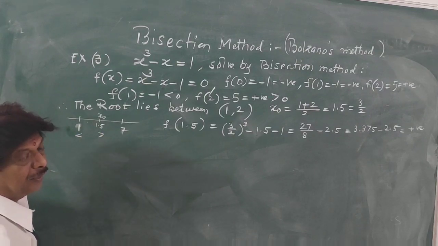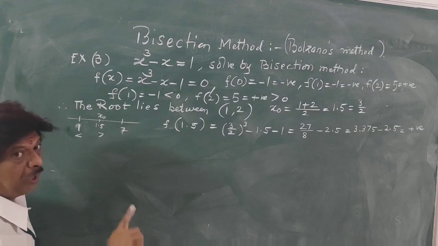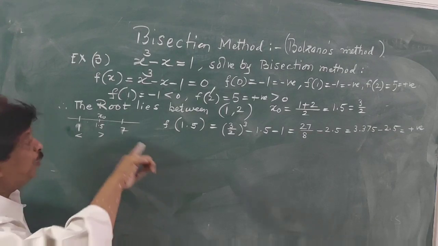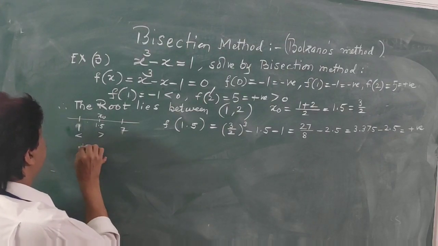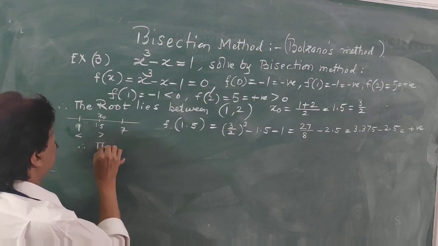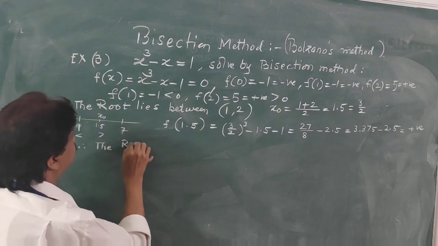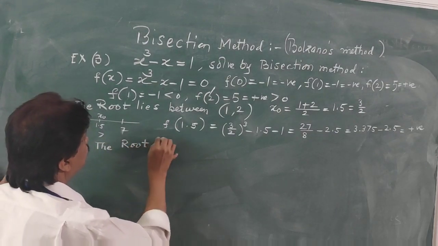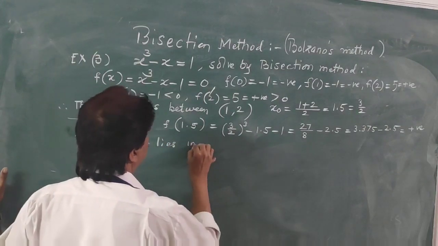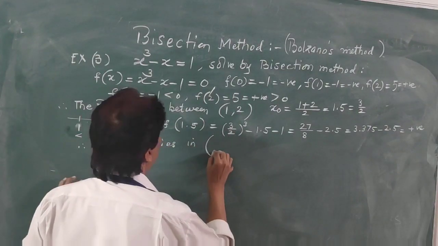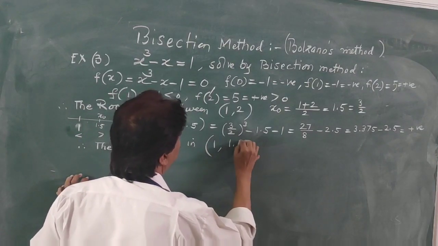What does it mean? The root now lies between 1 and 1.5. Therefore, the root lies between 1 and 1.5.